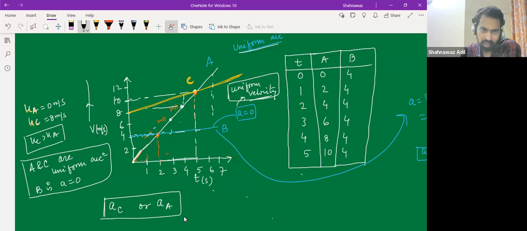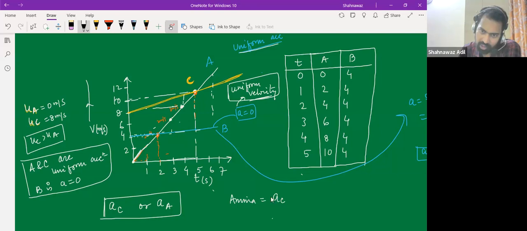Can you guys tell me? C. Right? C has a greater slope.